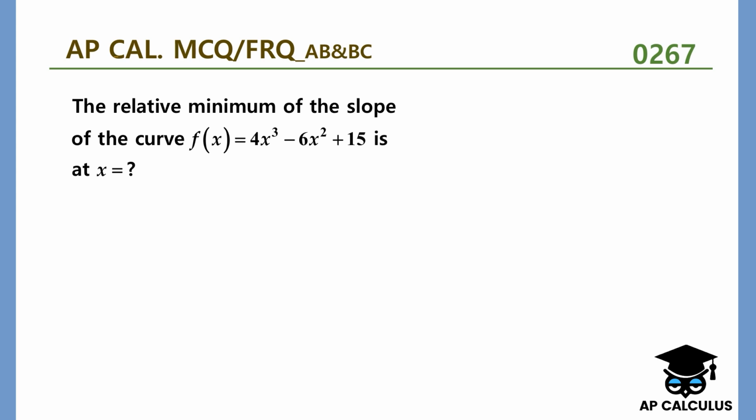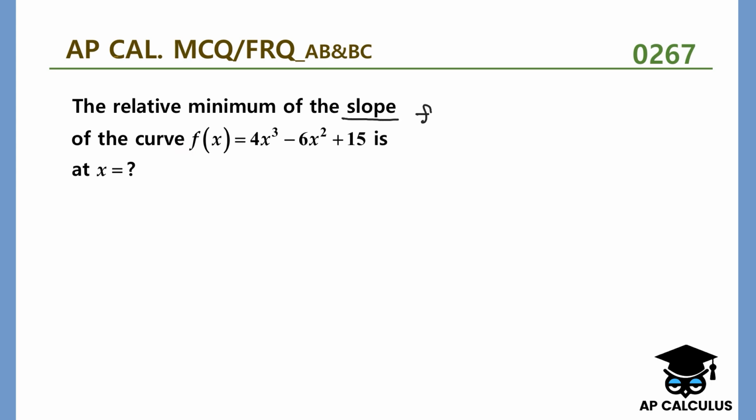Question 267. The relative minimum of the slope of the curve f of x is at what x value? That's the question, right? It is asking us to find the relative minimum of the slope. The slope of the curve of f is f prime, right?